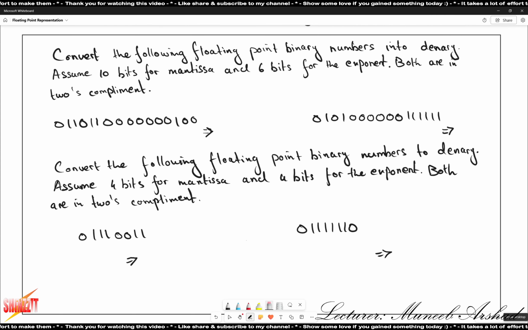Again you're not being notified कि mantissa कौन सा है और exponent कौन सा है, so you are going to go with the IEEE standard, in which it says that the first bits are going to be representing the mantissa, and the remaining bits are going to be representing the exponent. Find out the values, let me know the answers.